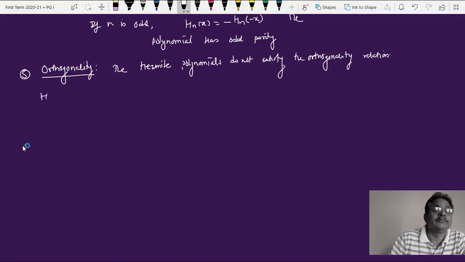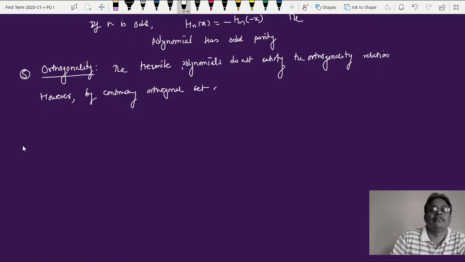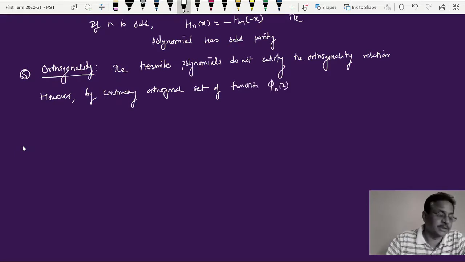However, by constructing an orthogonal set of functions, another set of functions phi n of x, with the help of a transformation.